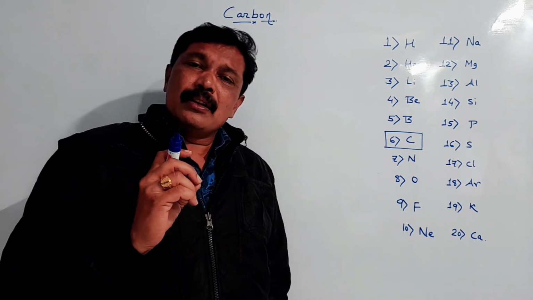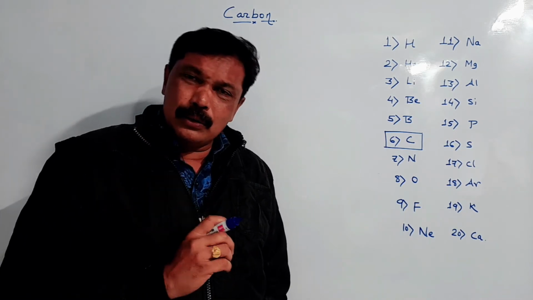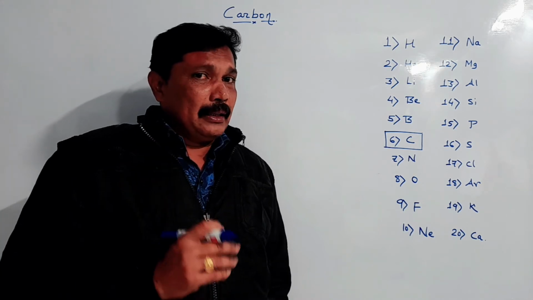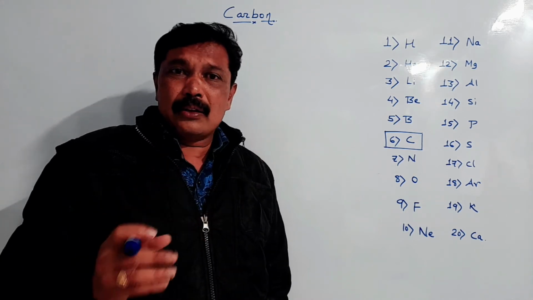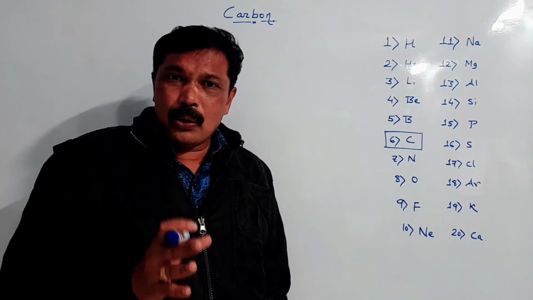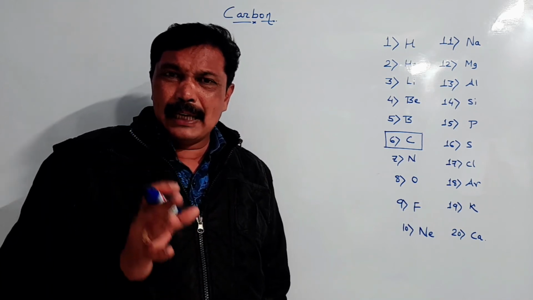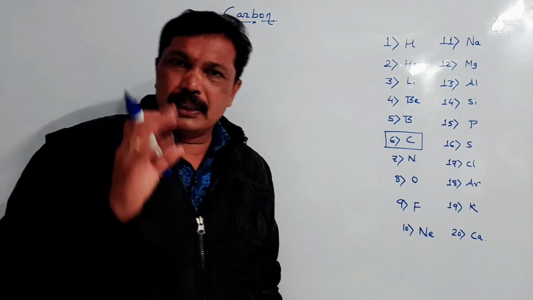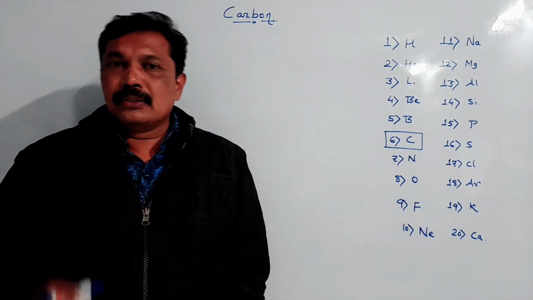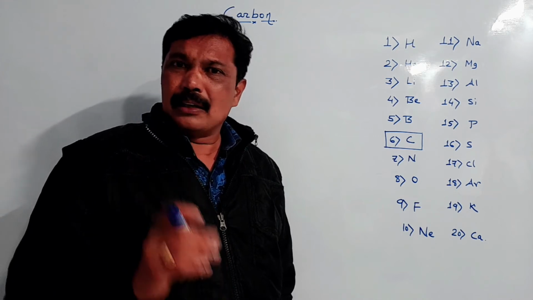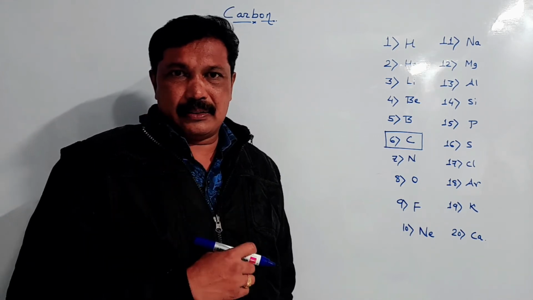So from this we can come to a conclusion that when we arrange the elements in the increasing order of their atomic number, carbon is found to be placed at number 6. So carbon will have atomic number 6.